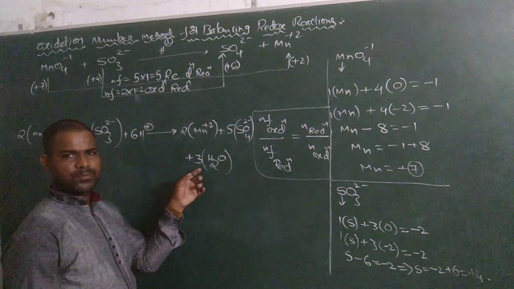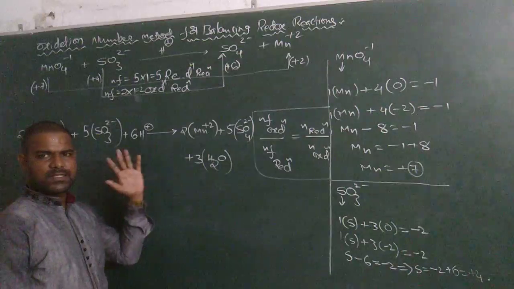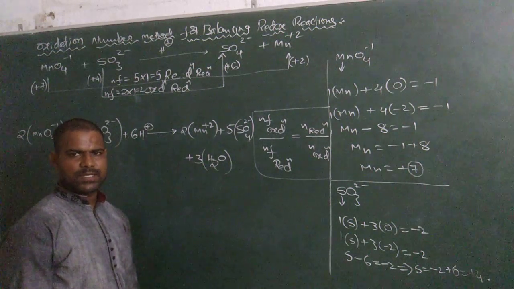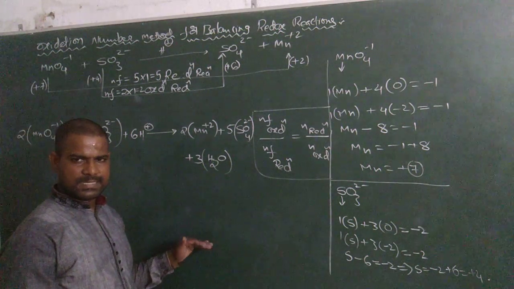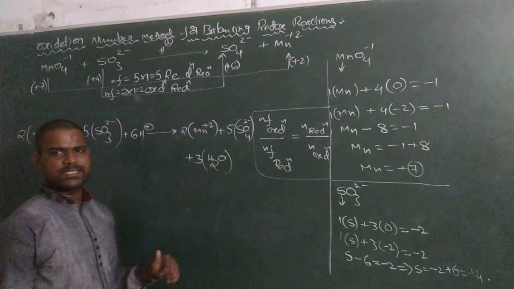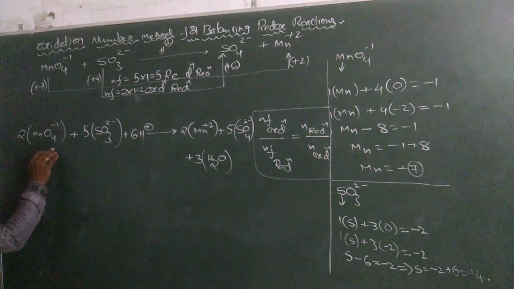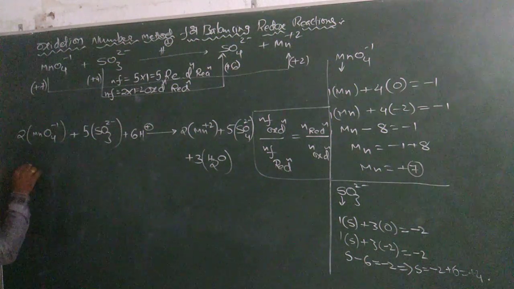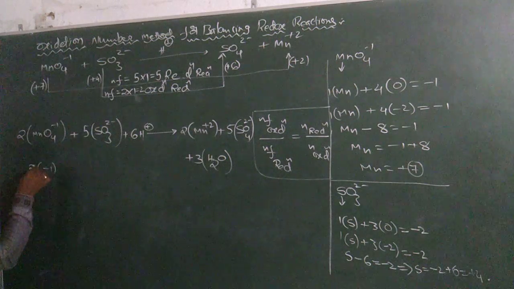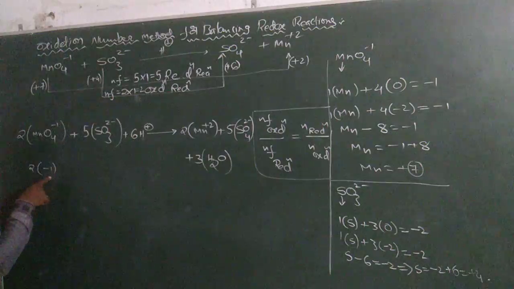The number of hydrogens in the product side is 3 into 2, 6, and in the reactant side 6 H plus. It is also balanced. The next step is balancing the charges. In the permanganate ion we have a -1 charge, and in the chemical equation we have 2 permanganate, so 2 into -1 charge.